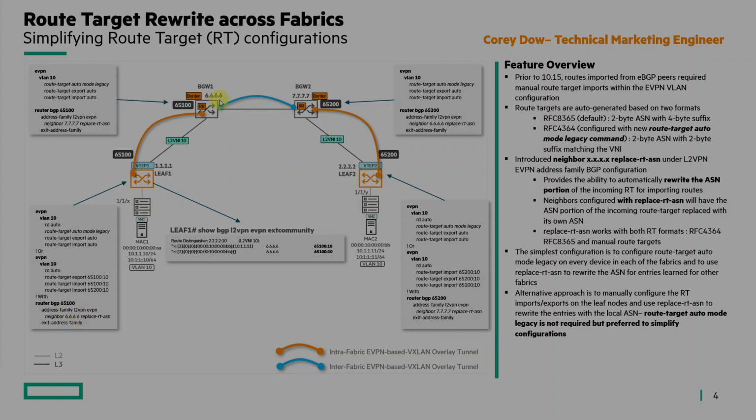When the packet comes from the other fabric over to VTEP1, replace RTASN rewrites the route target. It would have initially been 65200:10, and it's now rewritten as 65100:10, so that the MAC entries can be programmed automatically without manual imports in place.